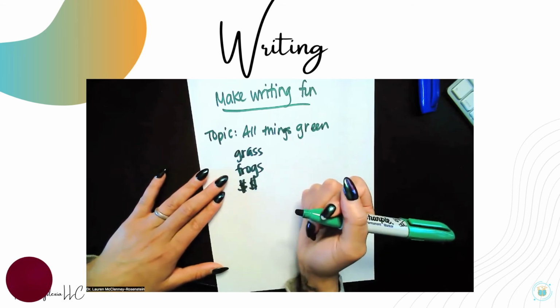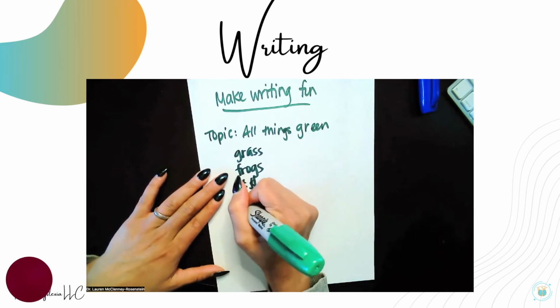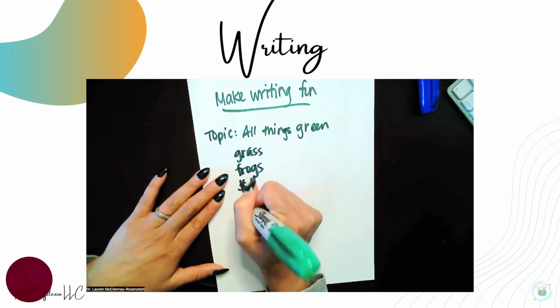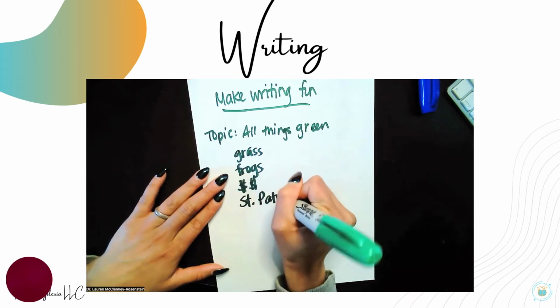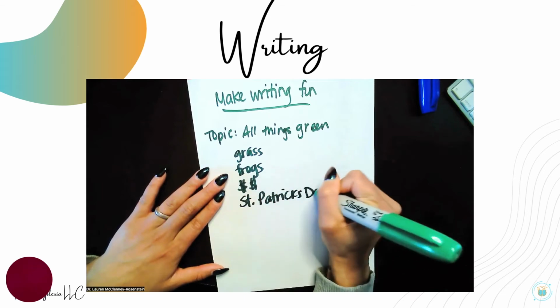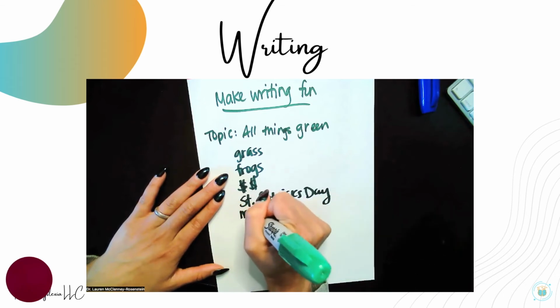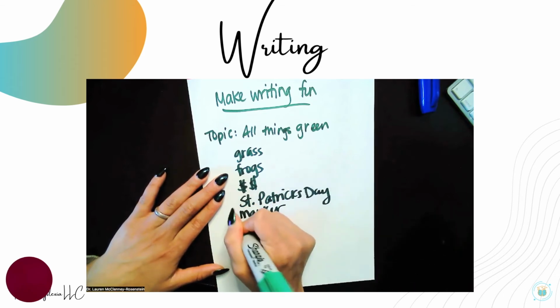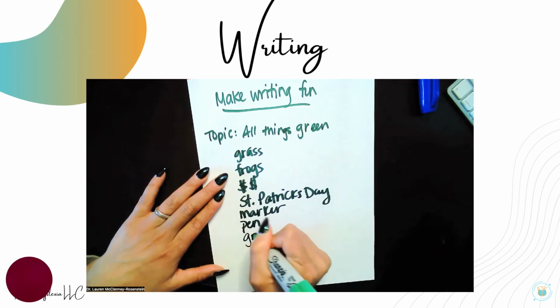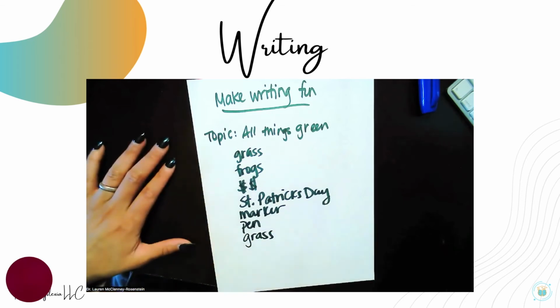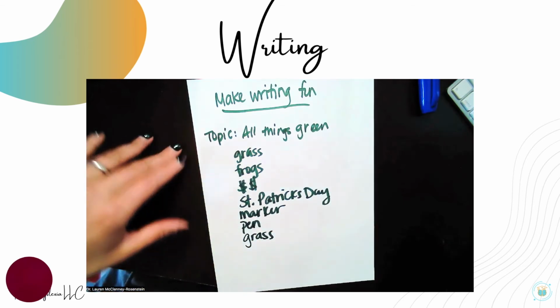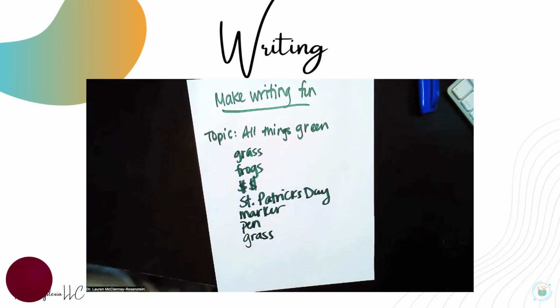You might get some crazy stuff like St. Patrick's Day. I could say marker, because this marker is green. Pen, grass. Oh, I already have grass, and you might have that too.